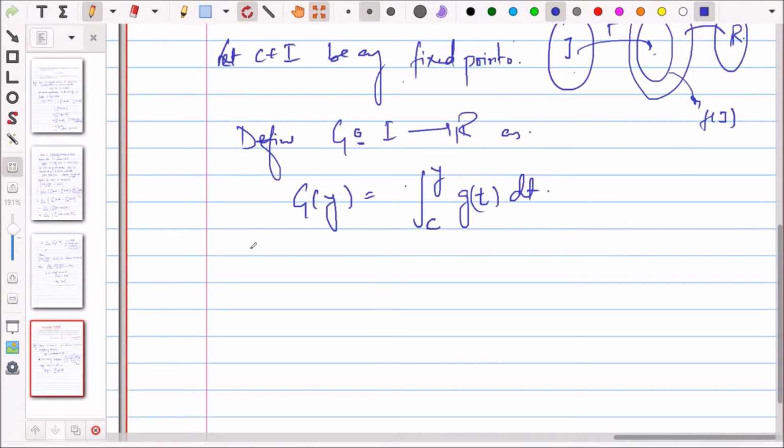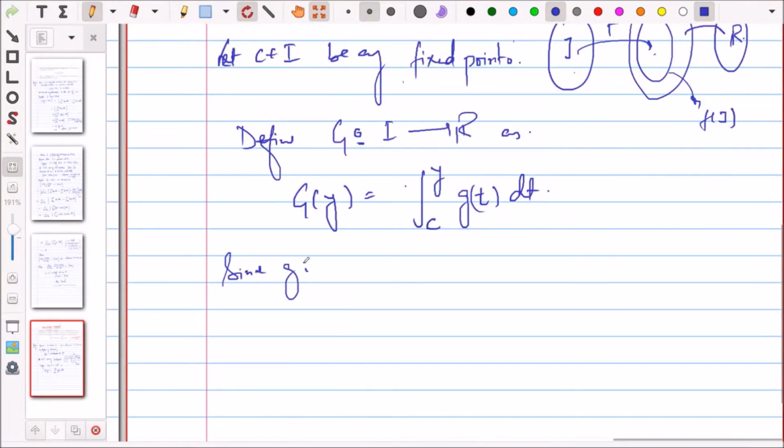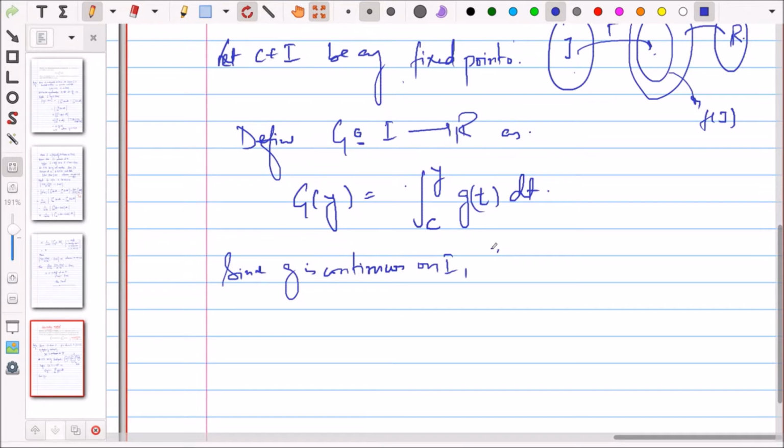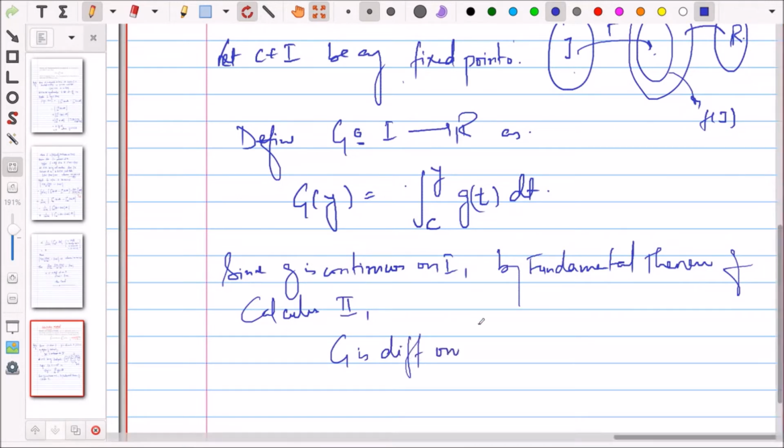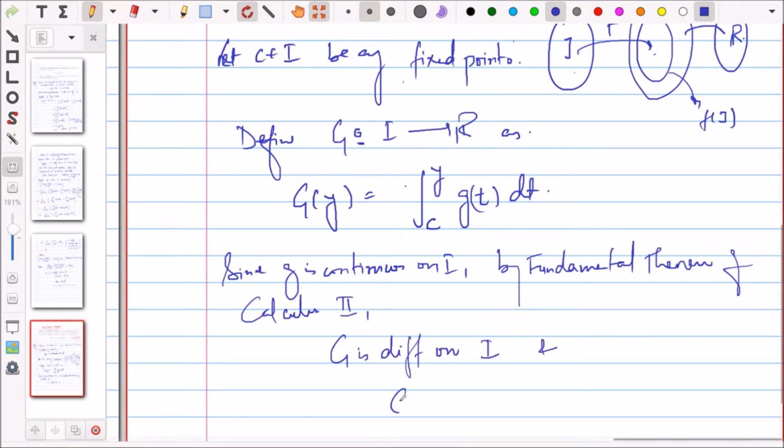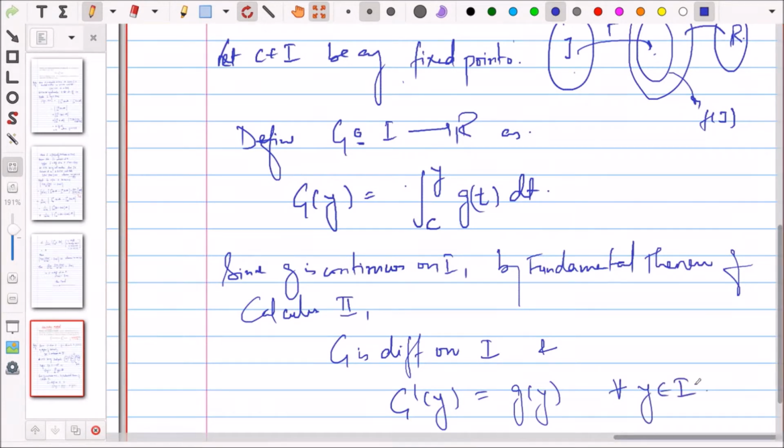By fundamental theorem of calculus 2, since g is continuous on I, capital G is differentiable on I and G dash y is equal to g(y) for all y belonging to I. क्योंकि फंडामेंटल थ्योरम ऑफ कैलकुलस क्या कहते हैं कि जहां जहां अपना इंटीग्रेंड कंटिन्यूअस होगा वहां वहां हमारा इंटीग्रल डिफरेंशिएबल होगा.